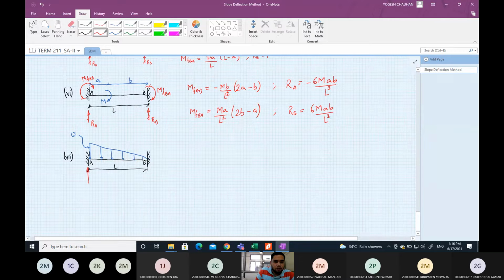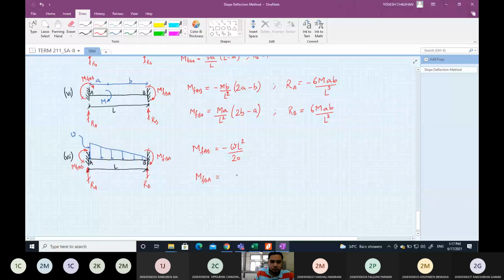So in this case, let RA and RB be the vertical reactions, MFAB and MFBA. The value of MFAB is equal to minus WL square by 20, and MFBA is equal to WL square by 30.